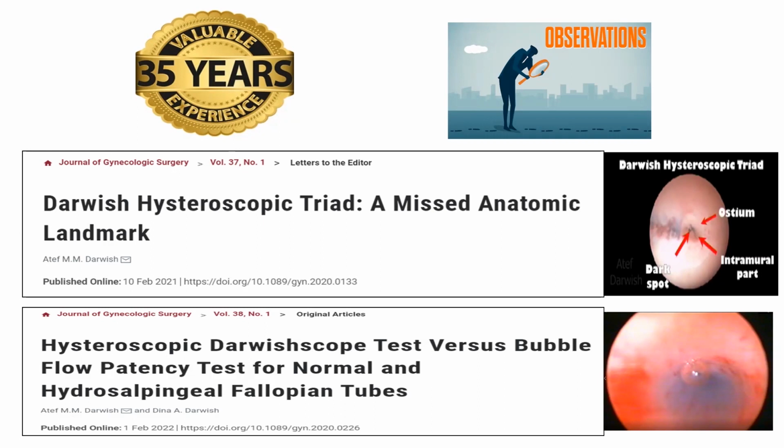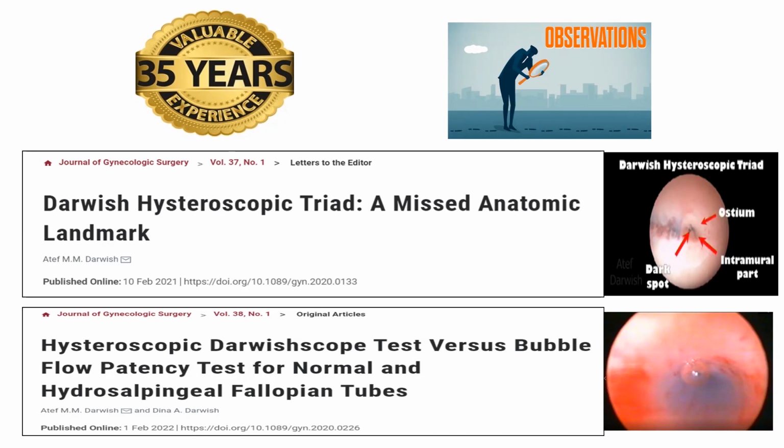hysteroscopic triad, which represents part of the fallopian tube to be seen by hysteroscopy, which is the triad of the ostium, intramural part, and the dark spot. Thereafter, we studied the physiologic change of this Darwish hysteroscopic triad.